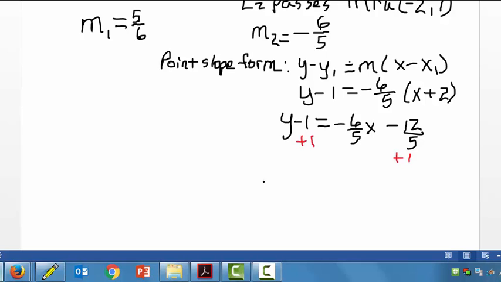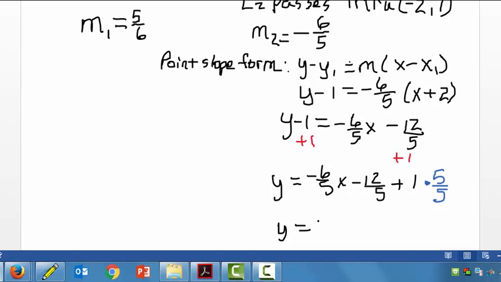So we would have y equals negative 6/5 x minus 12/5 plus 1. We need the denominator to be 5 so we can combine these like terms. So we would multiply 1 by 5 over 5.